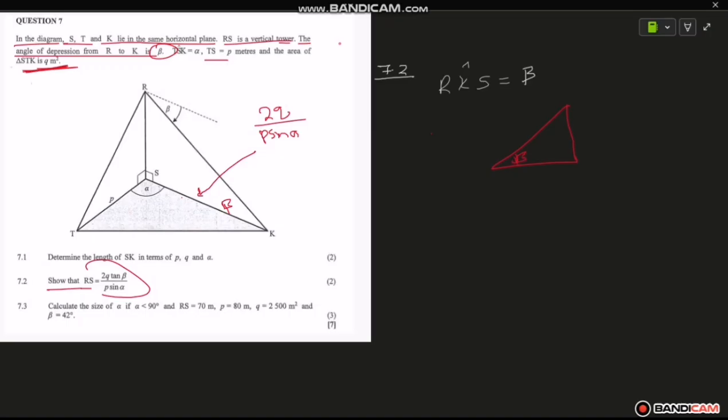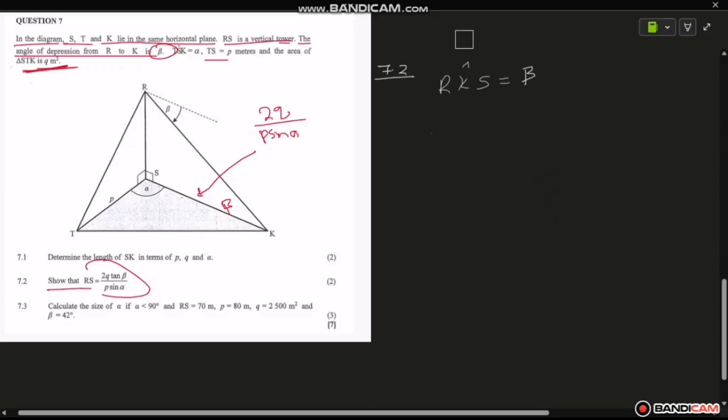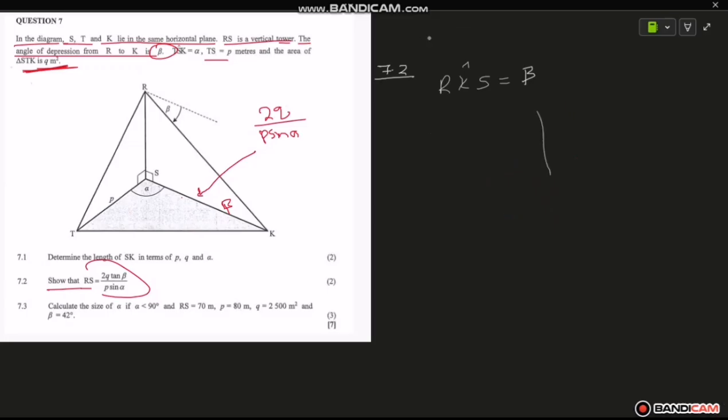Let's say we have beta here and we have 2q over p sine alpha as the adjacent, and they want us to find the value of y. What relationship does B have with y and 2q over p sine A? That's the question that you must ask yourself. It must give us the trig ratios.